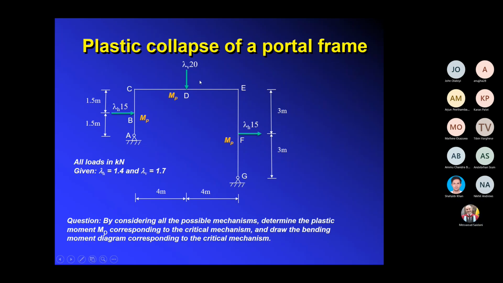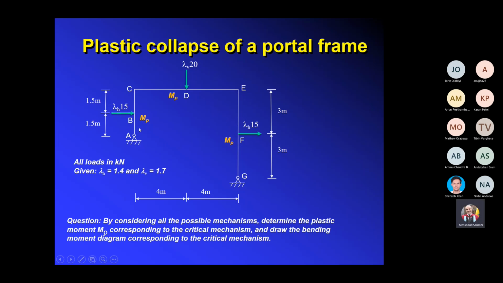First of all, can anyone shout out what is M for this frame? Do you agree we have a hinge at B, C, D, E, and F? So we have 1, 2, 3, 4, 5. So M is 5, so we have 5 possible hinges.